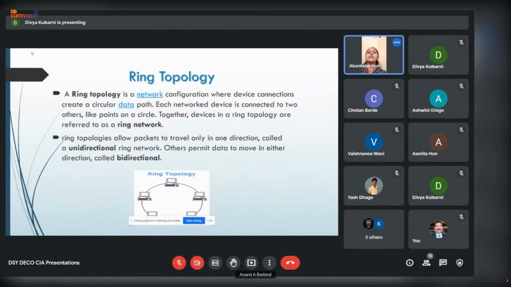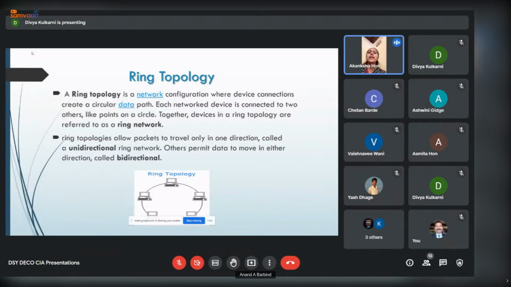First, it minimizes packet collision. It provides long distance communication. Unidirectional ring network provides high speed. It is less costly. It has better performance than the bus topology.